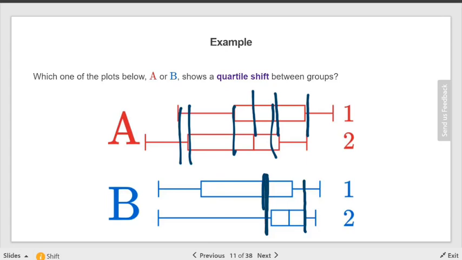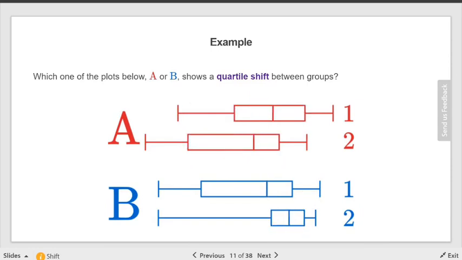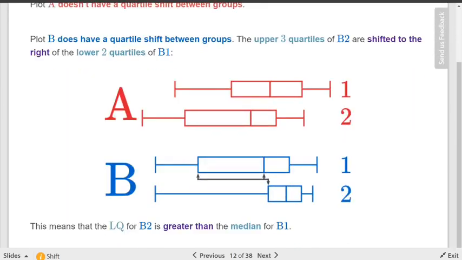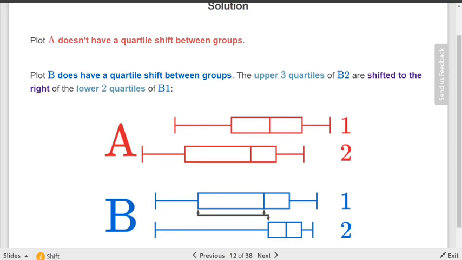If you look at this one, this measure is beyond the mean of the other one. So let's make sure we got that right. A does not have a quartile shift between groups. If you look, all of these quartiles fall within another quartile.